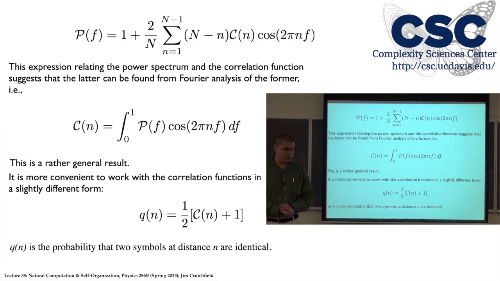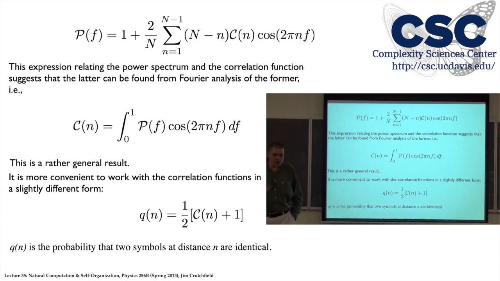series of cosines. I can pull the Fourier trick and multiply both sides by a particular cosine of a particular frequency. I can then do the integral, and one of those terms will pop out. And the term that I end up with for one of those frequencies is going to look like this. And so I can determine what the correlation function is for any value of n just by performing this integral.